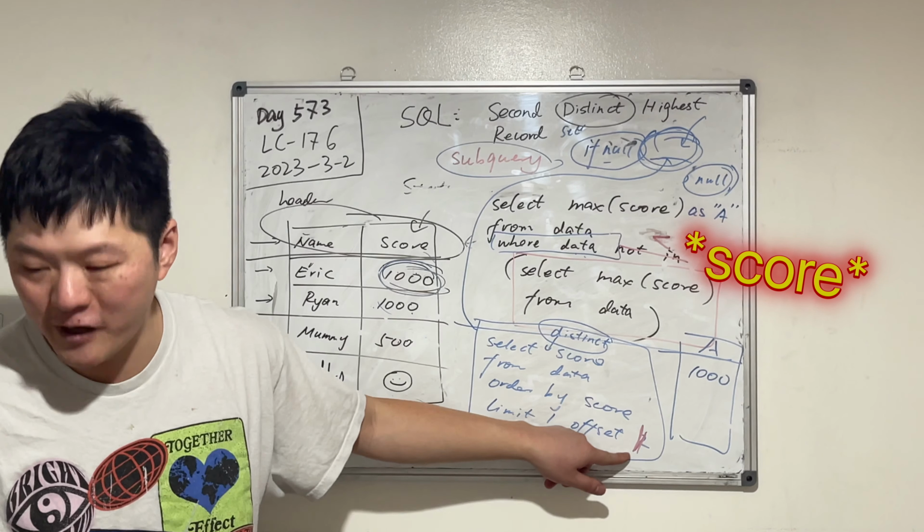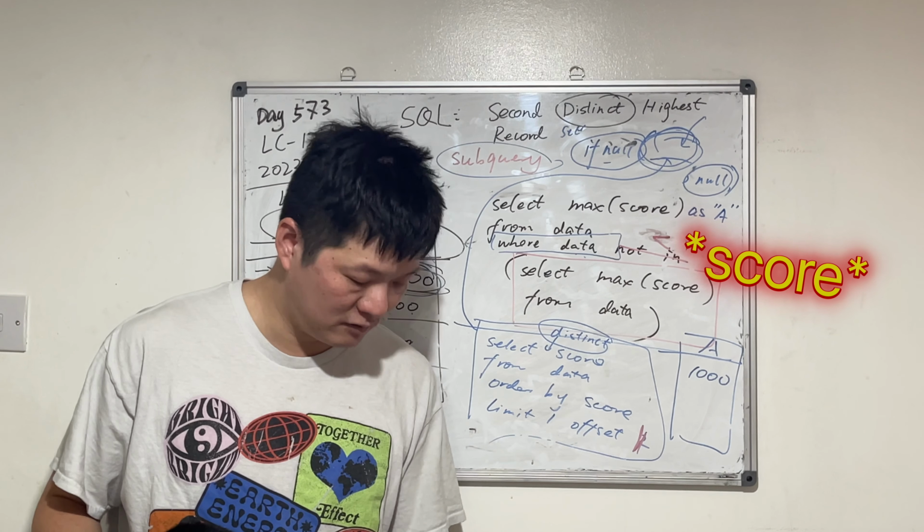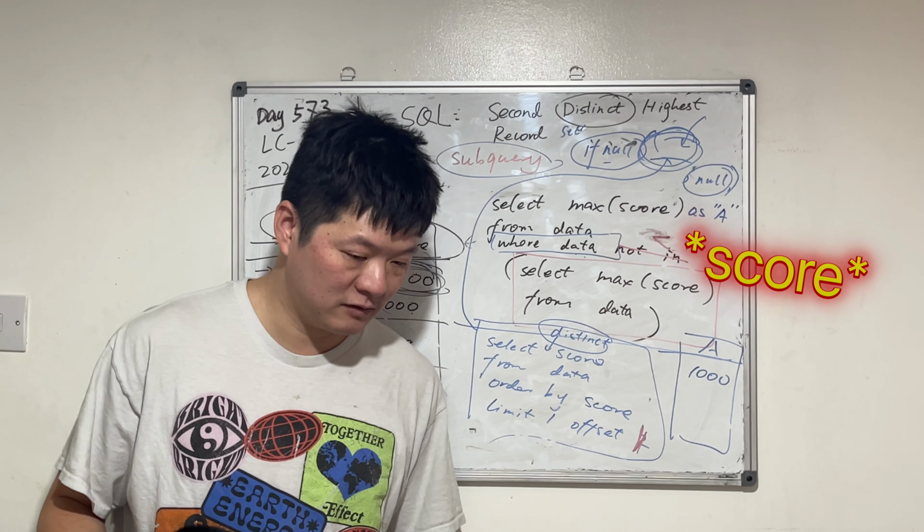Eric, what have you learned about the second distinct highest? So how many ways can we do it? One way is we find the highest, and then to find the second highest, we ignore the highest and just find the highest again.